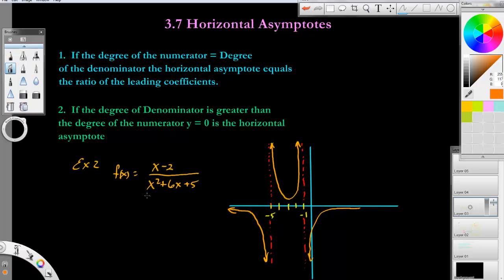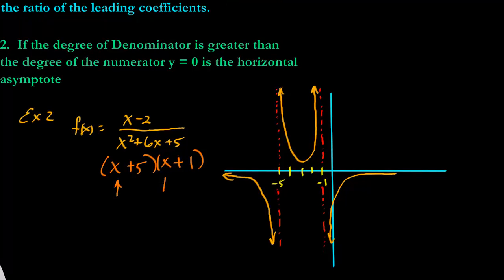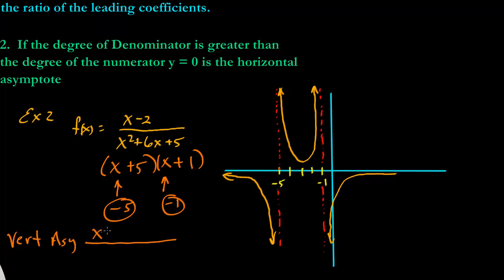The reason is this bottom factors into two binomials, x plus 5 and x plus 1. The numbers you could plug in for x to make it equal 0 would be -5 and -1. Thus, we have two vertical asymptotes at those points, x equals -5 and x equals -1.